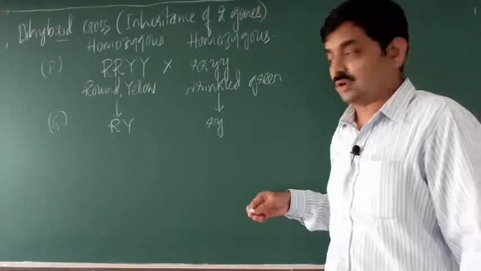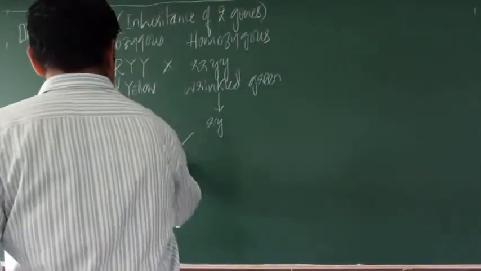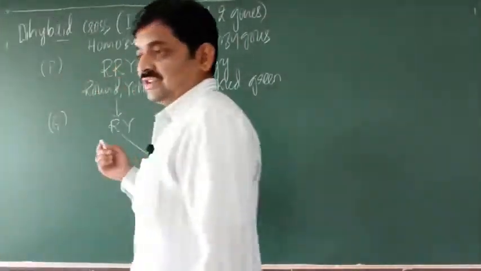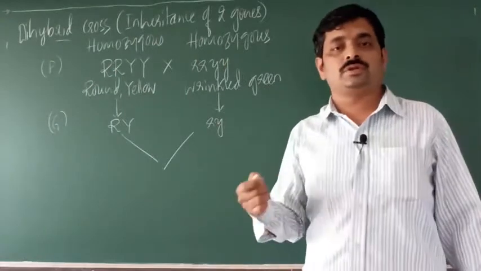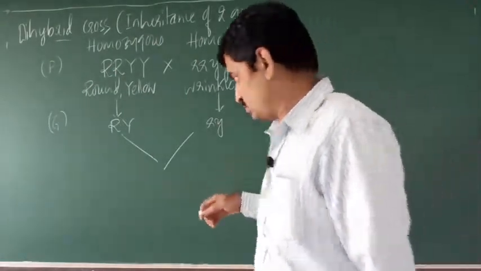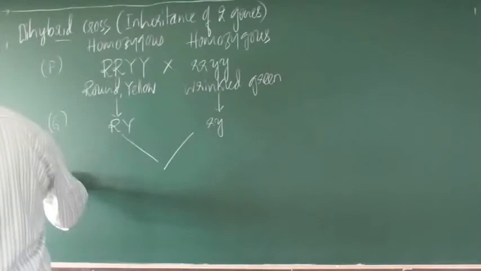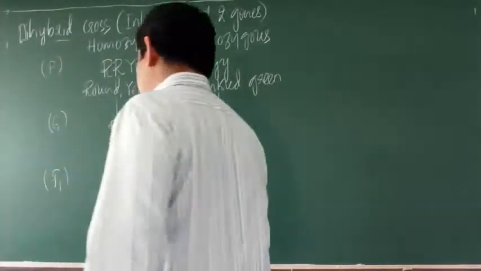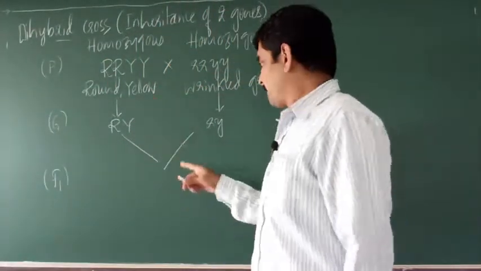So next, the fusion of gametes, that is called fertilization. When gametes are fused, you obtain the F1 generation. So this is the F1, filial 1 progeny.